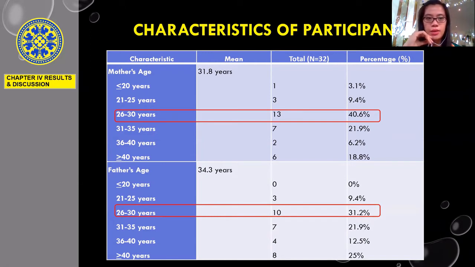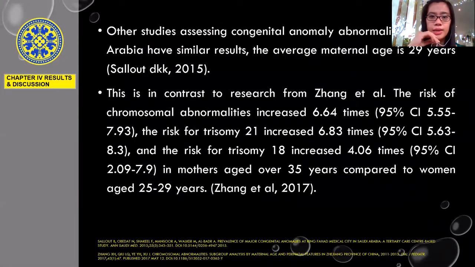We got 10 patients. A study assessing congenital abnormalities in Saudi Arabia had a similar result. The average maternal age is 29 years, while a contrasting research came from Zhang.